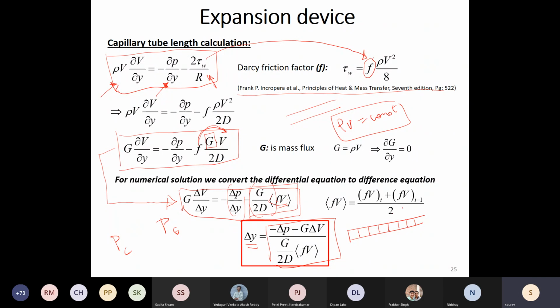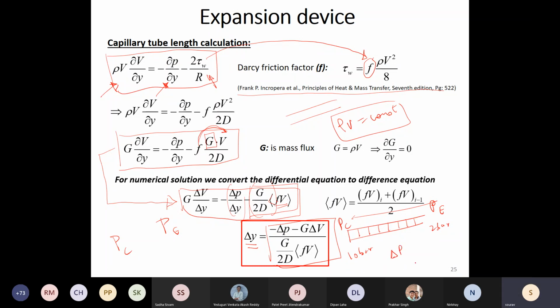But I do not know what the total length is, so how will I decide the length segment? What I will do is divide my PC and PE, which I know because it is given to me as a design condition. I will divide this entire range into smaller values. So I will segment my PC minus PE. If your PC is given as 10 bar and PE is given as 2 bar, let's say I divide it into 100 segments. So each segment will correspond to a particular delta P.